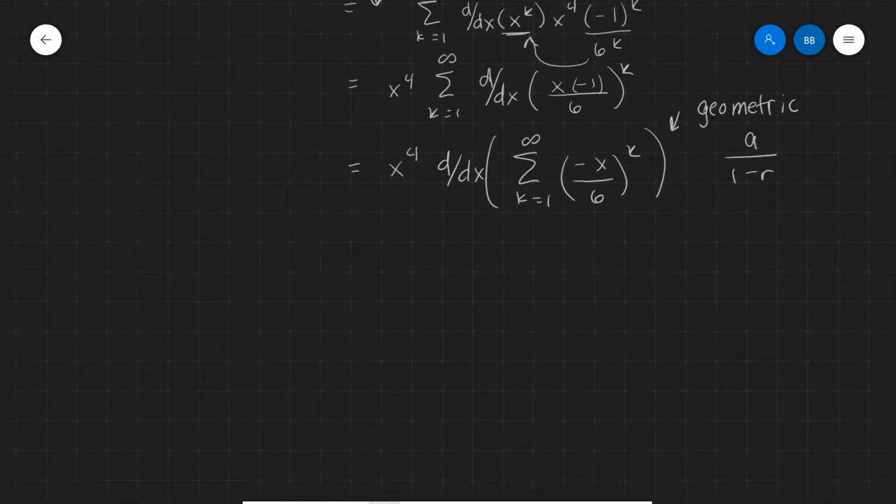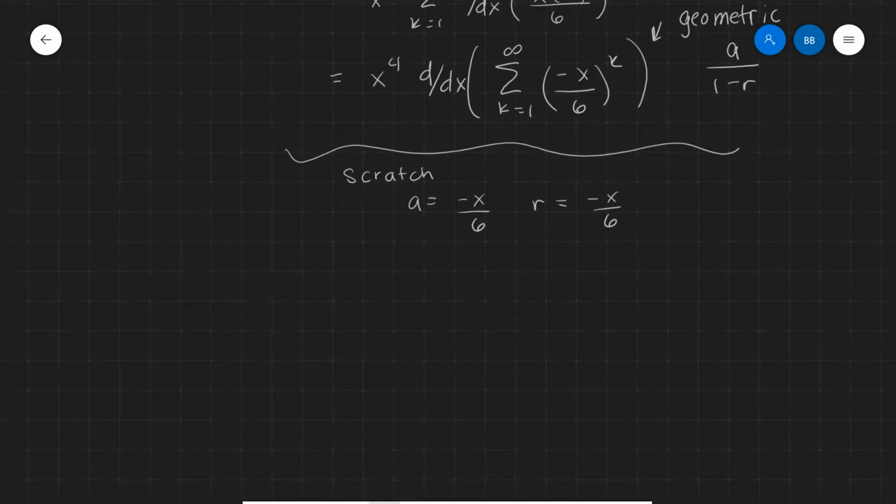So in this case, we'll call this scratch work, we need to simplify the summation. In this case, a is equal to, plugging in just the first term, remember a is always the first term, so plugging in 1, we have negative x over 6. r is just the ratio that's being raised to the power, so in this case it is negative x over 6 again.